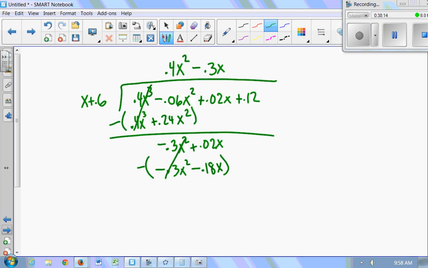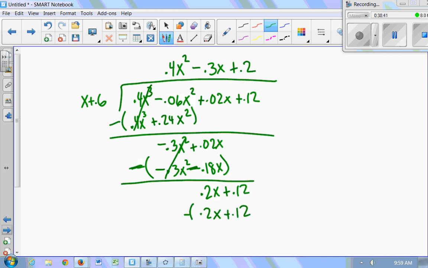Those cancel. 0.02 minus negative 0.18 is 0.2, I think. 0.2x, bring down the 0.12. x times what gives you 0.2x? 2. Distribute. Subtract. Remainder is 0.